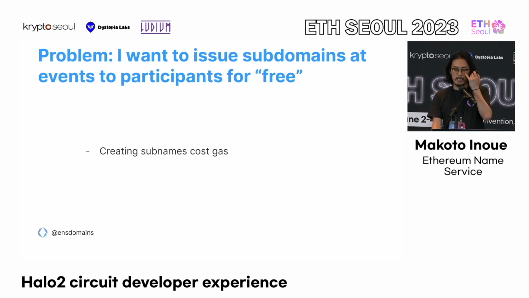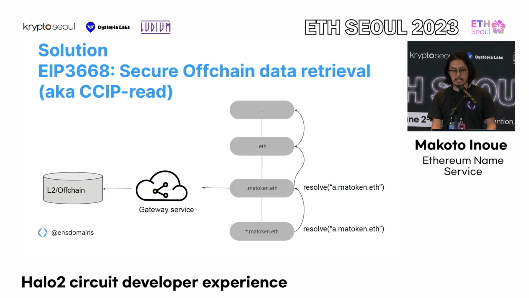And the third model is called gasless. Part of the reason Argent stopped issuing subdomains is that gas is too expensive, which is a shame. We've been working on another specification called EIP-3668, CCIP Read, off-chain data retrieval, which is often used in combination with the wildcard example I just described.